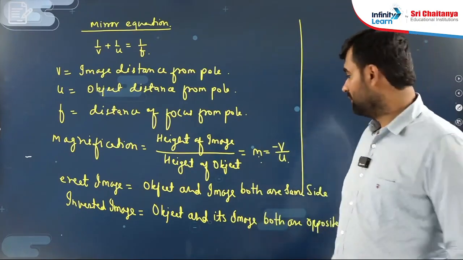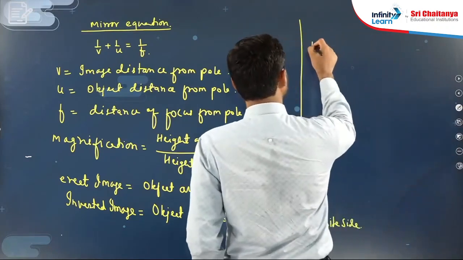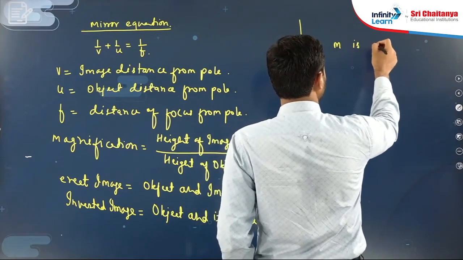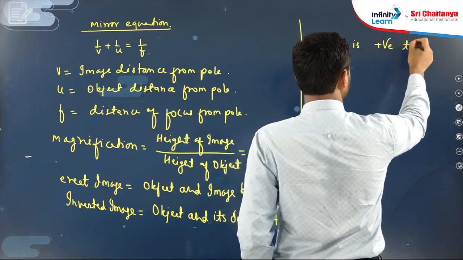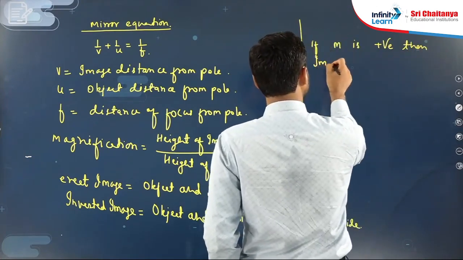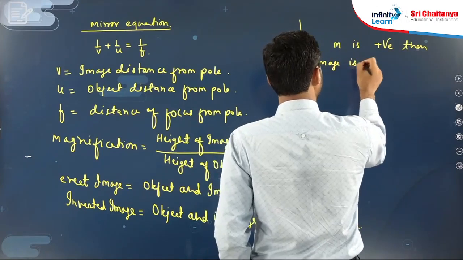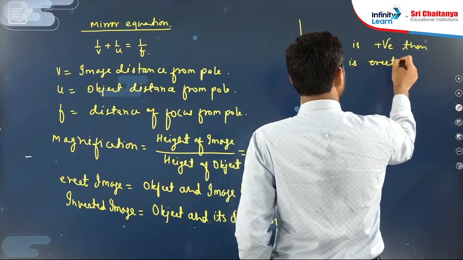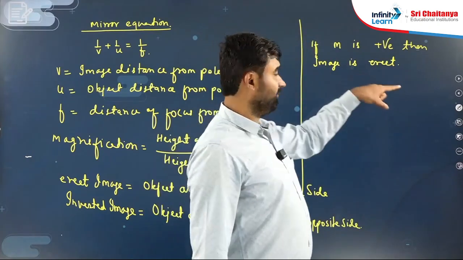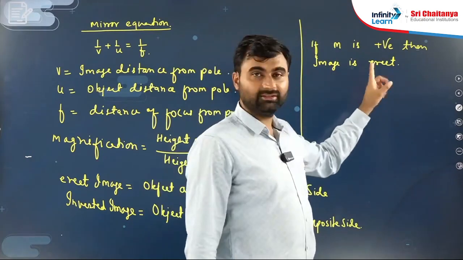Agree or not? So if M is positive, then the image is erect. Understood? If M is positive, then the image is erect.